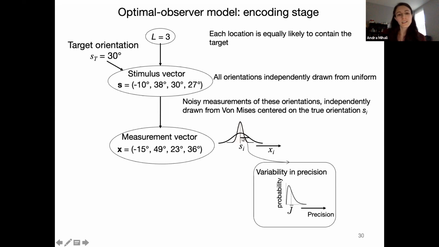This would give rise to this measurement vector. And the inverse width of this distribution over measurements is assumed to be itself a variable drawn from a gamma distribution with mean J bar. So this is how we also assume that there is variability in precision, across items and across trials.